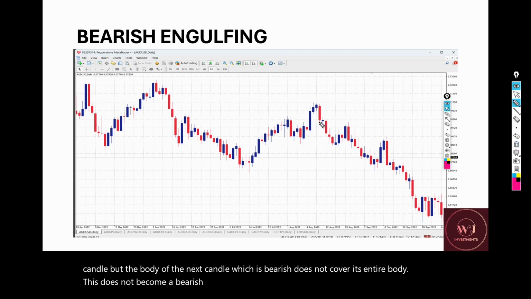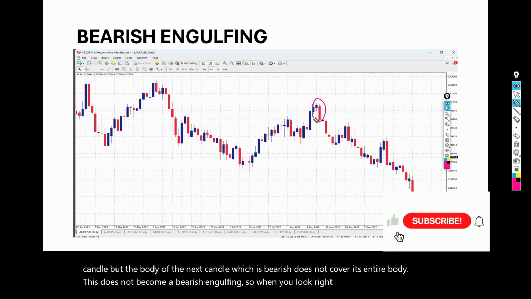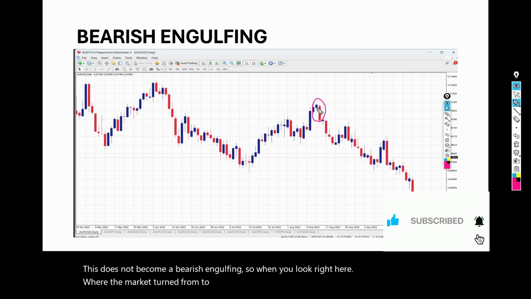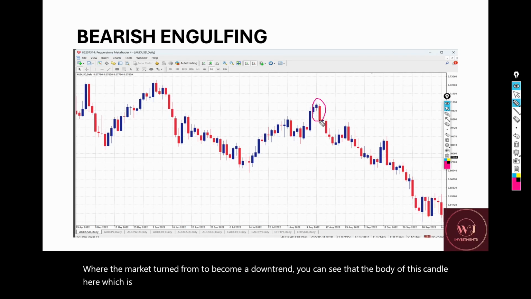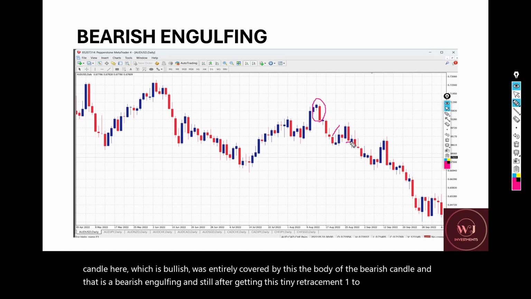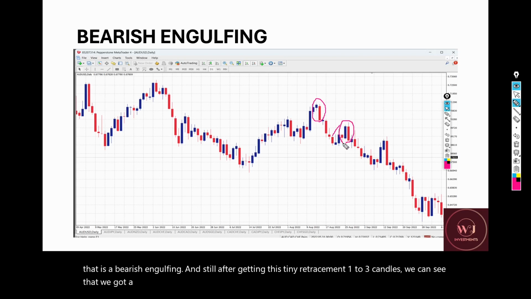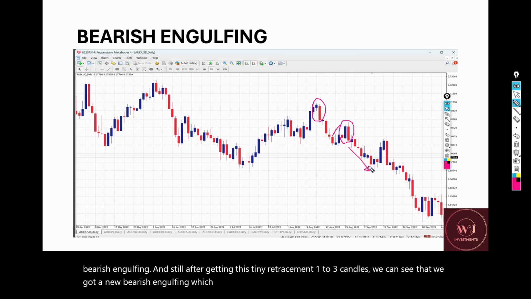So when you look right here, where the market turned into a downtrend, you can see that the body of this bullish candle was entirely covered by the body of the bearish candle, and that is a bearish engulfing. After a tiny retracement of 1, 2, 3 candles, we got a new bearish engulfing, which forced the price to go down once again.